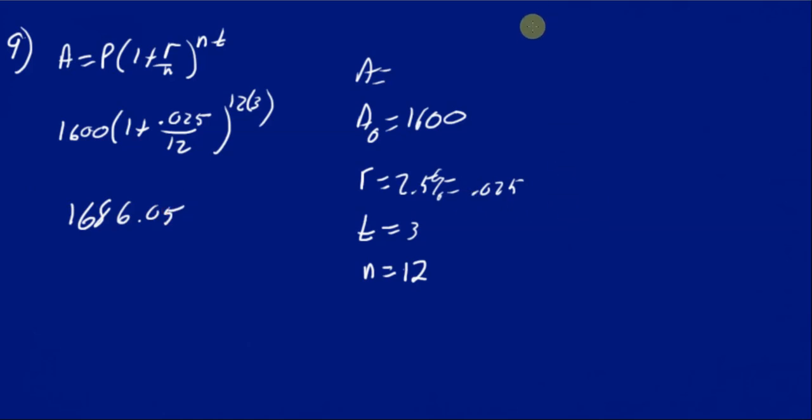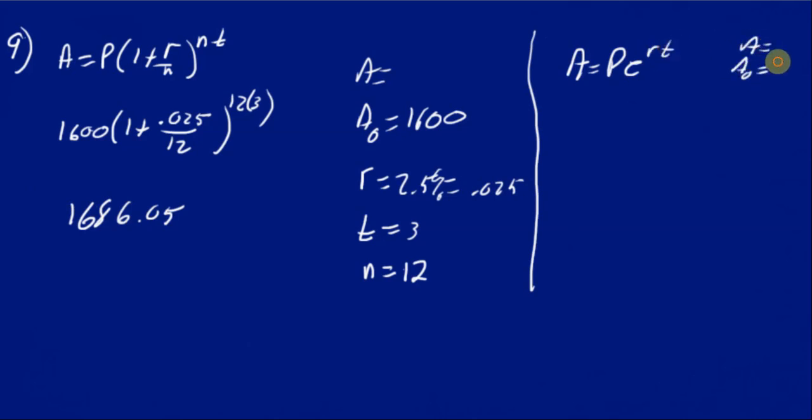All right, so we're going to do the same, but we're going to compound continuously. So A is equal to the principal times e to the RT. We're looking for the ending amount. Our beginning amount didn't change, it's still $1,600. The rate does change here. It says 4% annually, so 0.04.